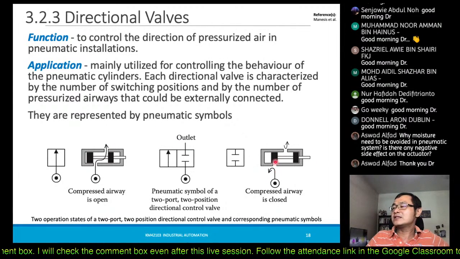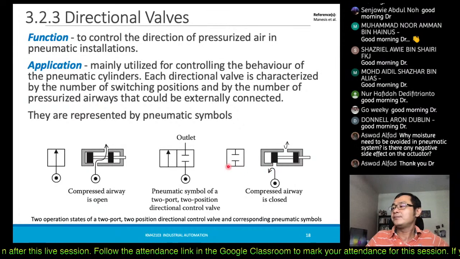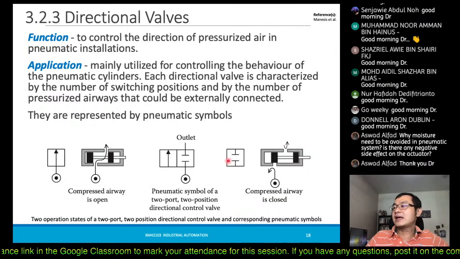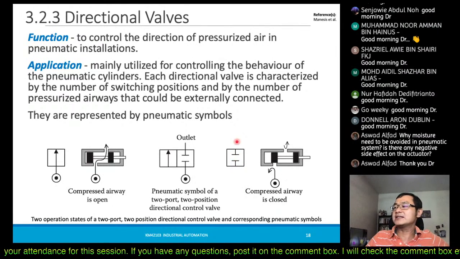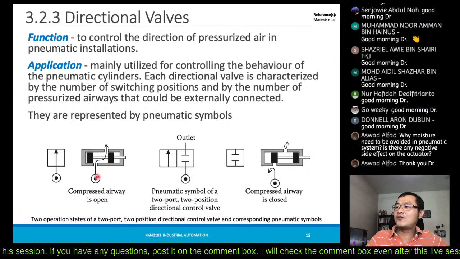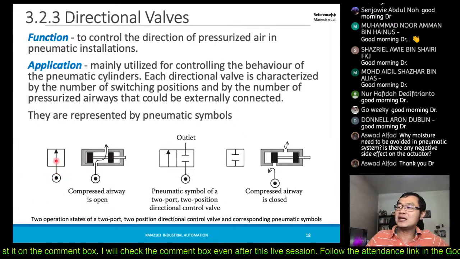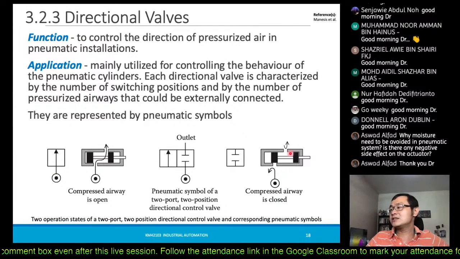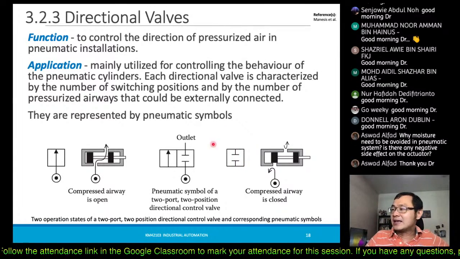But when it is being blocked, we use another symbol like a T, because it's being terminated, so it's not connected to the other side. When it can flow from one end to the other, you can see that it flows in and out of that cylinder, whereas for this one that is blocked, we have two T's at the cylinder.